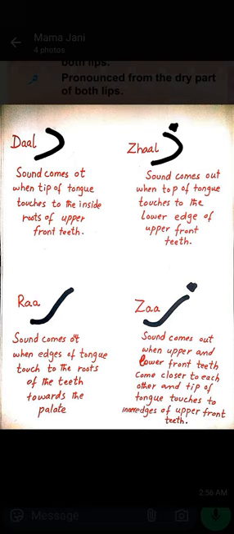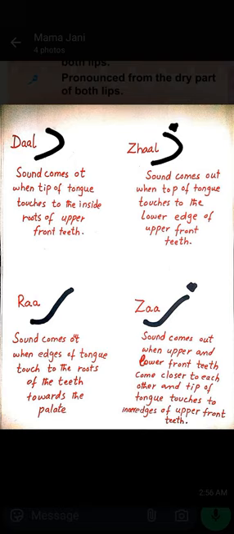Its sound comes out when the tip of our tongue touches the inner side, at the roots of the upper front teeth, where our gums are located. The tip of our tongue touches inside to that place, and the sound originates, that is the sound of dal.